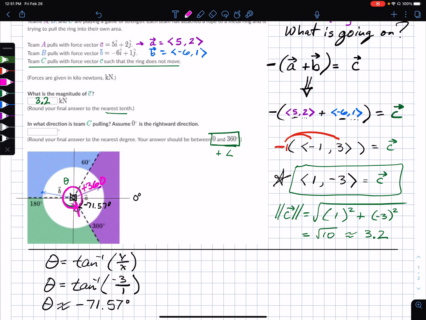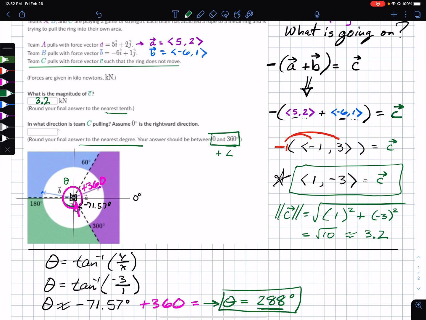It'll just result in a new theta. We're supposed to round off to the nearest degree. That's also thrown people off lately. They're reporting tenths and hundredths and getting, you're close, but it's wrong. So make sure as you add that up, you round to the nearest degree, and you get 288. Now that is the angle that takes us all the way to vector C.